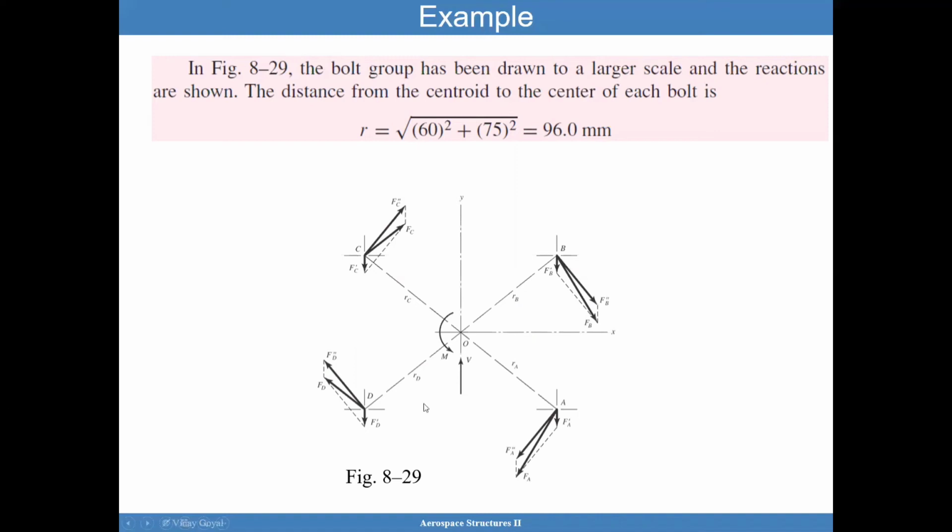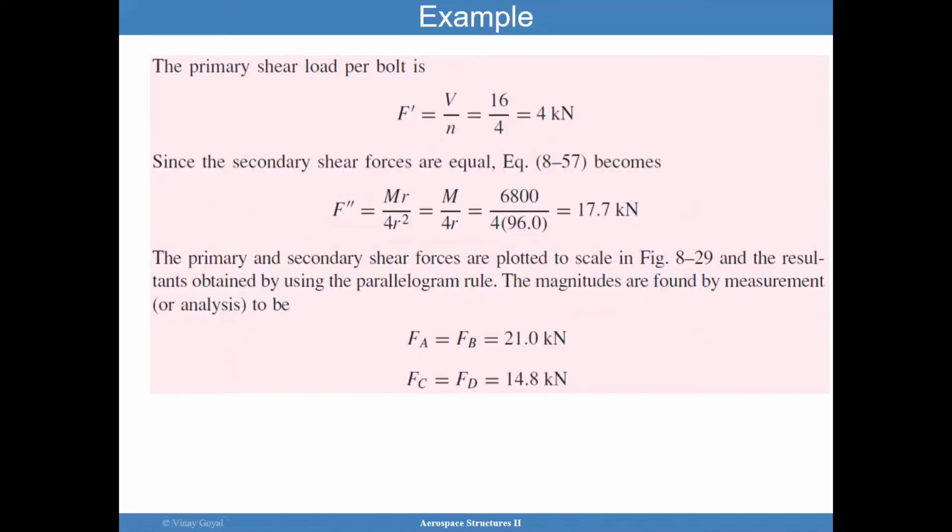And then you have the forces from the shear, which are about 4. That will allow you to find these resultants FA, FB, FC, and FD. What you'll find is that FA and FB will give you about 21, while FC and FD will give you about 14.8 kilonewtons.